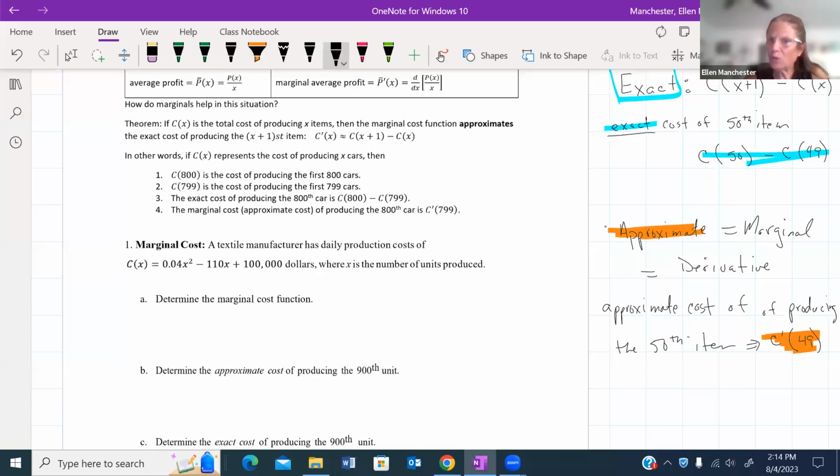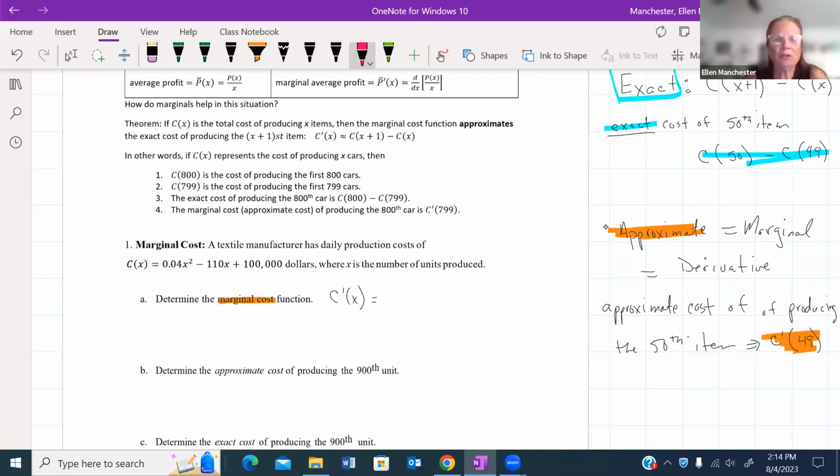Okay, so let's watch mathematically how this works. When it says marginal, you're going to find the derivative of the function. Marginal just means derivative. So we're going to use the power rule.